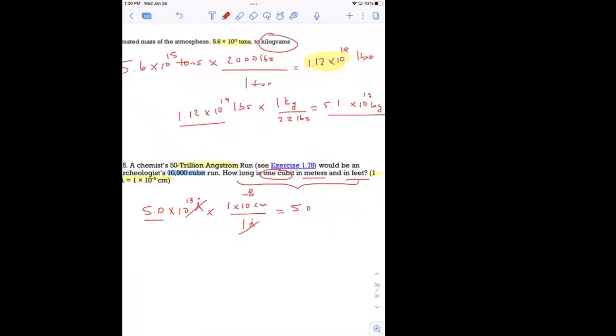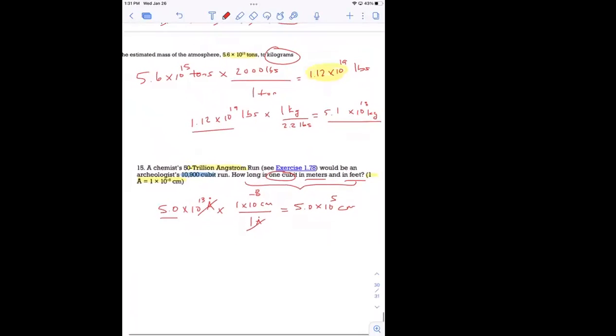Wouldn't it be 5.0 times 10 to the 5th? Excellent. That's exactly right, and that's in centimeters. Now we can take that and convert centimeters into meters because we know the conversion there. Meters is a base unit.